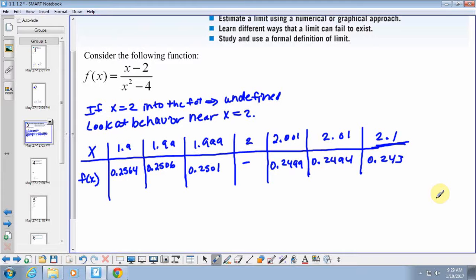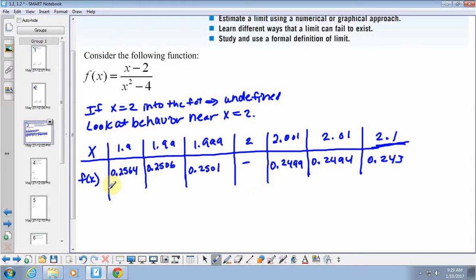So if I look at numbers around this 2, as I am coming in from this way, looking at numbers bigger than 2, I'm coming in from the right. These function values, 0.243, 0.2494, 0.2499, that's very close to 0.25, isn't it?